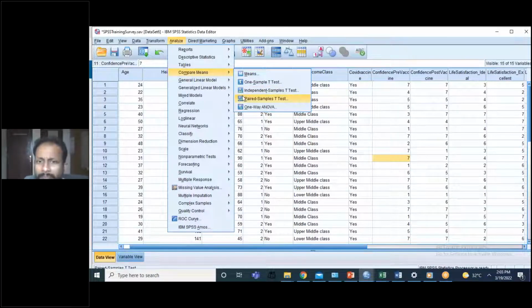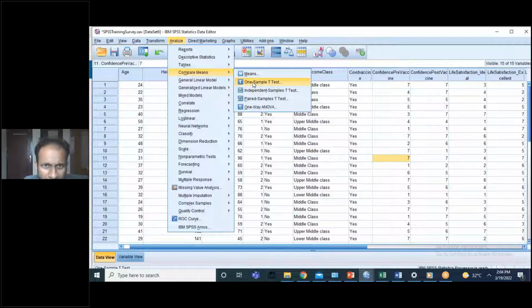And how do we compare the means across paired samples, that means pre and post? For that we did the paired sample t-test. And if it is more than two groups, we have something called one-way ANOVA. Now I would like to briefly brush up on all these tests, maybe in 5-10 minutes, and then go on to the equivalent non-parametric tests.